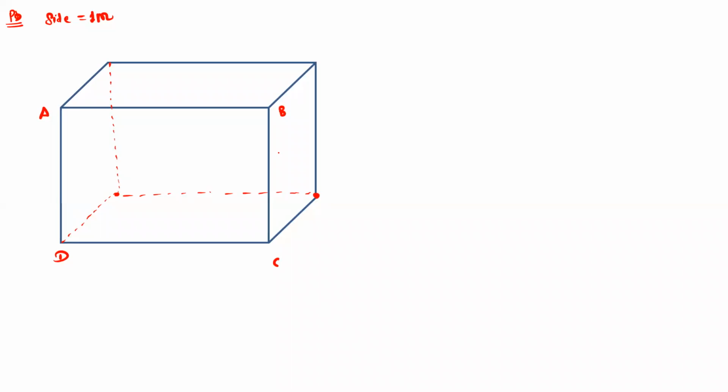It is acting at point C, and it is directed from point C to the point 2. So this force P is equal to 1000 Newton.